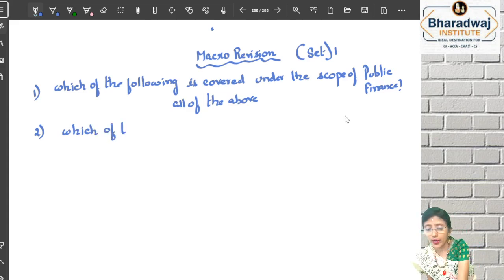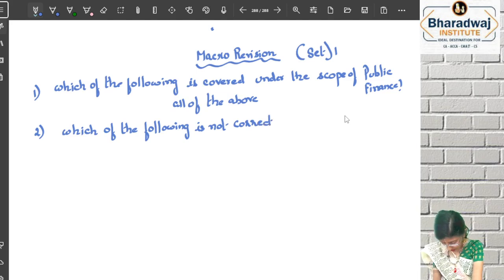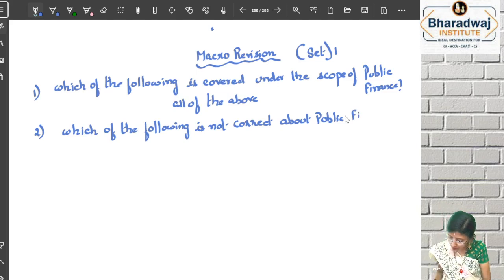Which of the following is not correct about public finance?